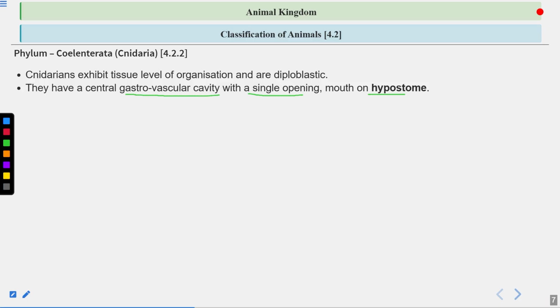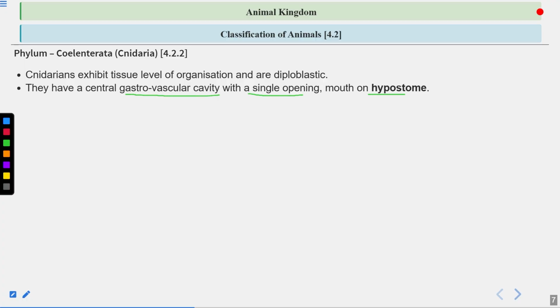Amoeba is an example of a unicellular organism, yes, but we are not going to study it here because it belongs to the kingdom Protista, in the Biological Classification chapter. We are studying multicellular organisms here, not unicellular ones. So focus on Coelenterata or Cnidaria.